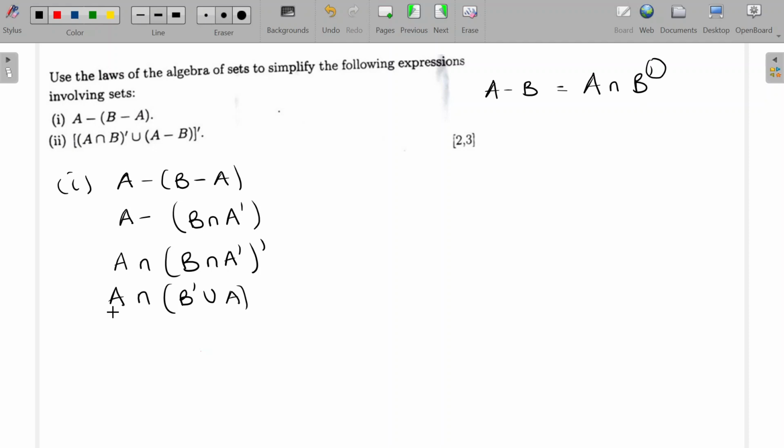As a result, you have A intersection B complement, union A intersection A. Here, A intersection A is just A, so this is the same as A intersection B complement union A.